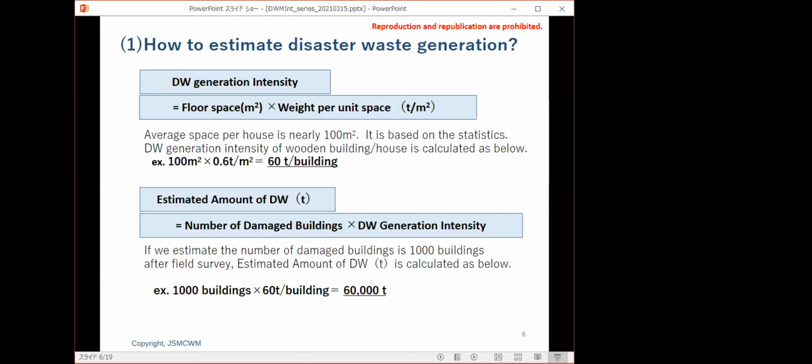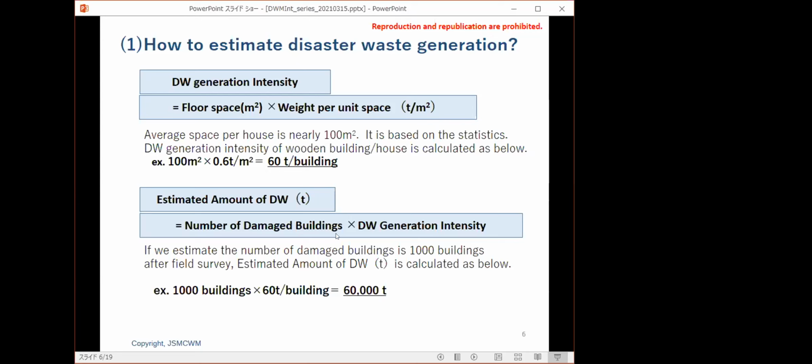So disaster waste generation intensity of wooden buildings is calculated as 100 square meter multiplied by 0.6 ton per square meter. So the number is almost 60 ton per building or per house. And this number is put in the next equation, and we can estimate the amount of disaster waste.